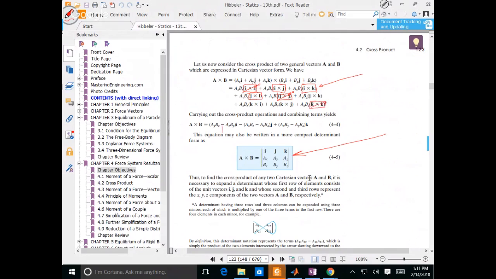So you're keeping track of the minus signs and the plus signs that occur. When you do it in a determinant form, it's all listed there, and then you can cofactor it out. And he talks a little bit about that cofactor expansion right there.